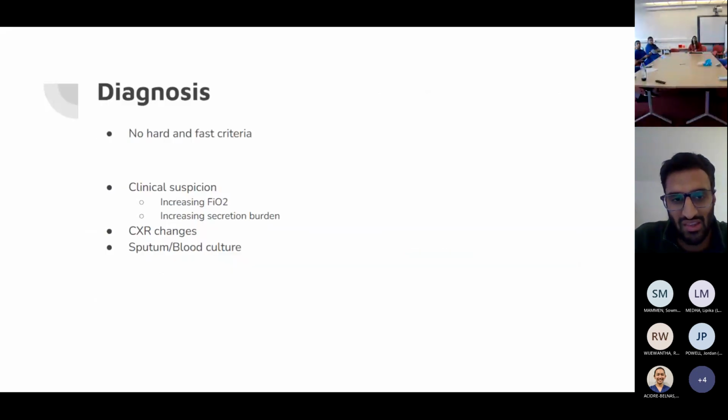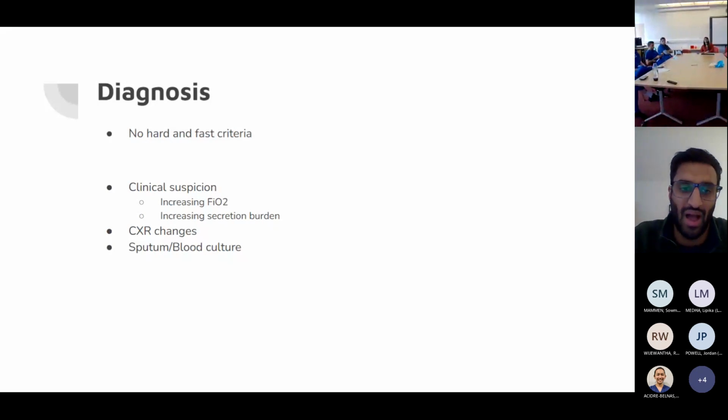So essentially, there's no hard and fast criteria for diagnosis, which I guess is why our confidence levels aren't so high. But lots of information feeds in to diagnosing a VAP. There's clinical suspicion: is the patient having a rising FiO2, or is there a secretion burden that the nurses are picking up on their suctioning, is that increasing?